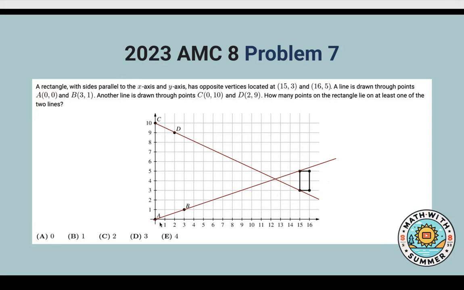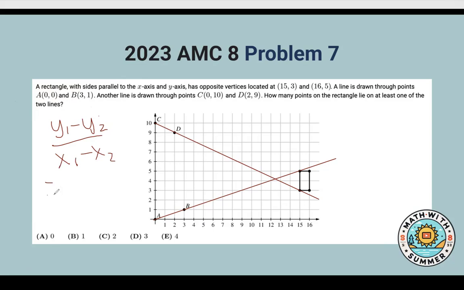So let's start with the line AB, and we can pretty easily find the slope here, because we have our 2 points, and we know that slope is y1 minus y2 over x1 minus x2.